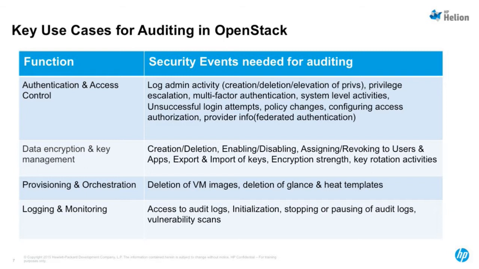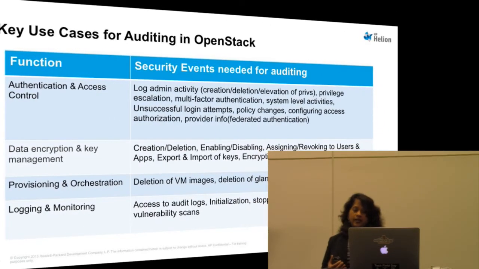As far as unsuccessful login attempts, preventing brute force attacks, any policy changes, sensitive files, or file integrity monitoring, those are all very important activities that have to be logged from each of these OpenStack services. If you also look at federated authentication, which we talked about today, being able to log the provider information for future auditing is an important requirement as well.